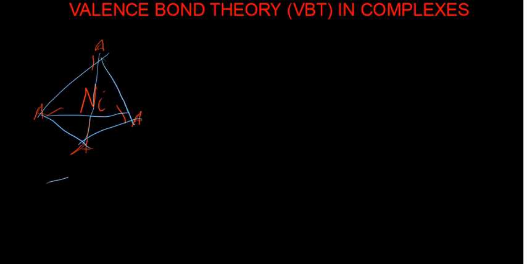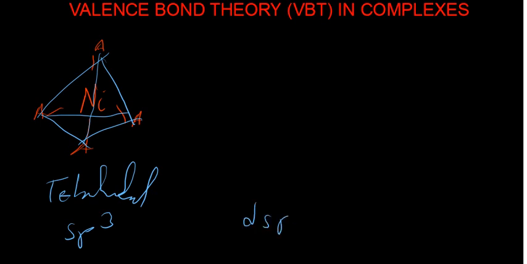Okay, this is tetrahedral. This happens when the hybridization is sp3. Now, when the hybridization is dsp2, it is square planar, or we can say square planar.